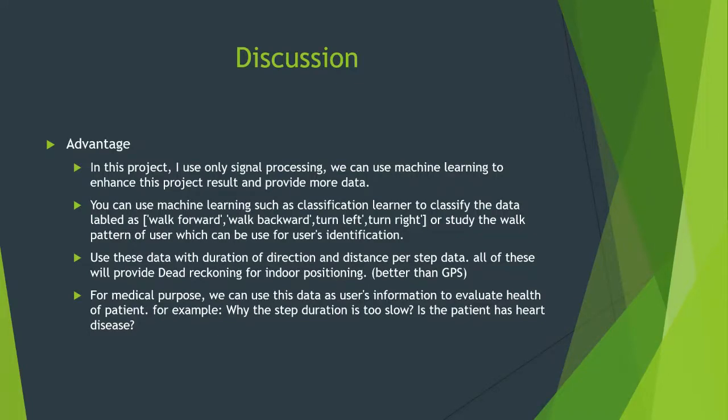For the discussion, first, advantages. In this project, I use only signal processing, so we can use machine learning to enhance this project's results and provide more data. You can use machine learning such as the classification learner to classify the data labeled as walk forward, walk backward, turn left, and turn right, or study the walk pattern of the user, which can be used for user identification.